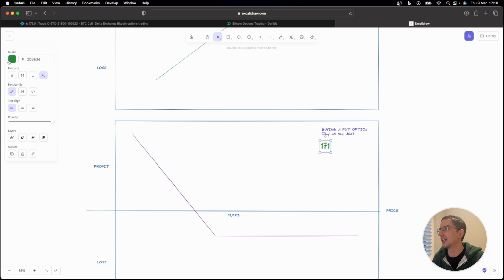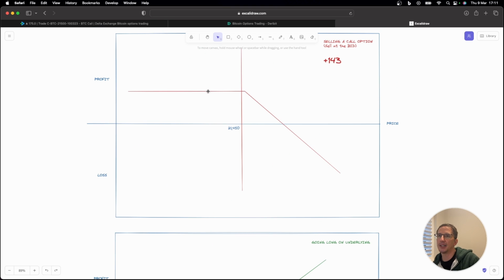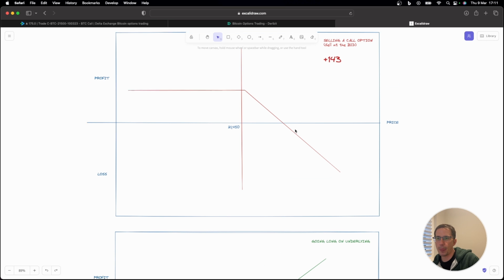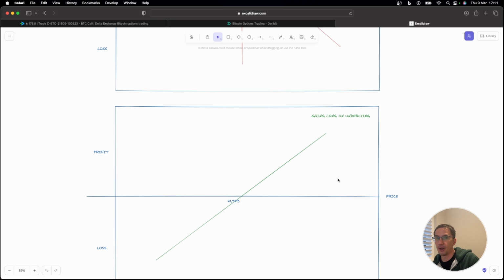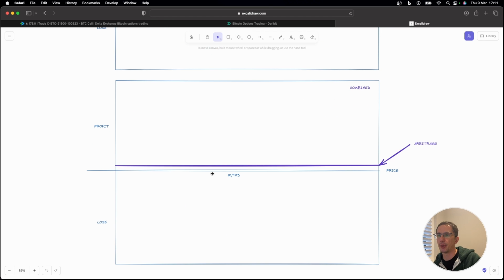And in fact, let's put that here in purple so that you can see it's for the put option. So I will lose that amount of money if the price of Bitcoin goes up, but I can make almost an unlimited amount of money if the price of Bitcoin goes down. So the arbitrage happens here. If you combine selling a call, going long on the underlying, or going long on the futures price, for example, and buying a put: sell the call, go long on the underlying, buy the put, you end up with a guaranteed net income.